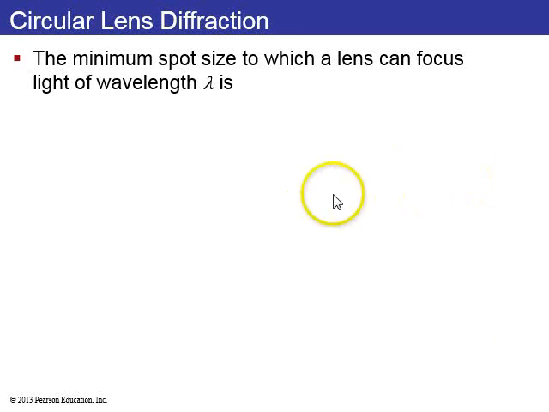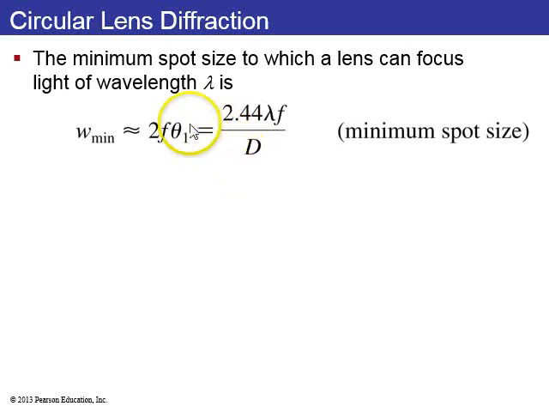So lastly, we didn't do chapter 22, but I quickly want to touch on diffraction. Even the best lens still does not focus all the rays down to a perfect point. Instead, it makes a spot of width W min.